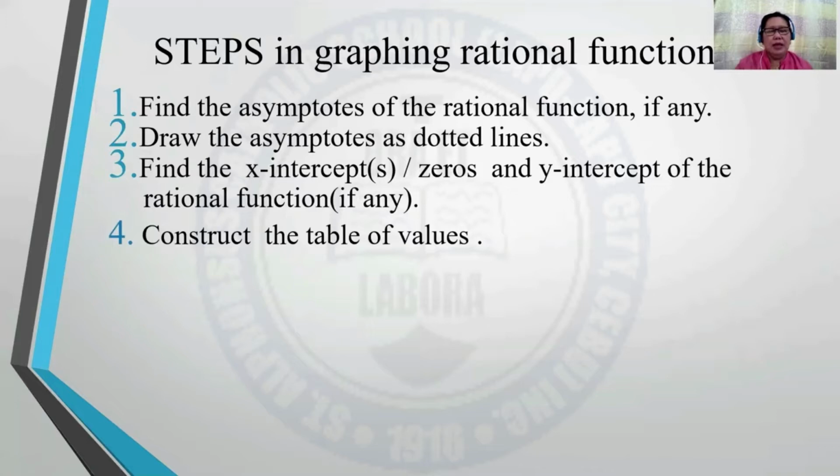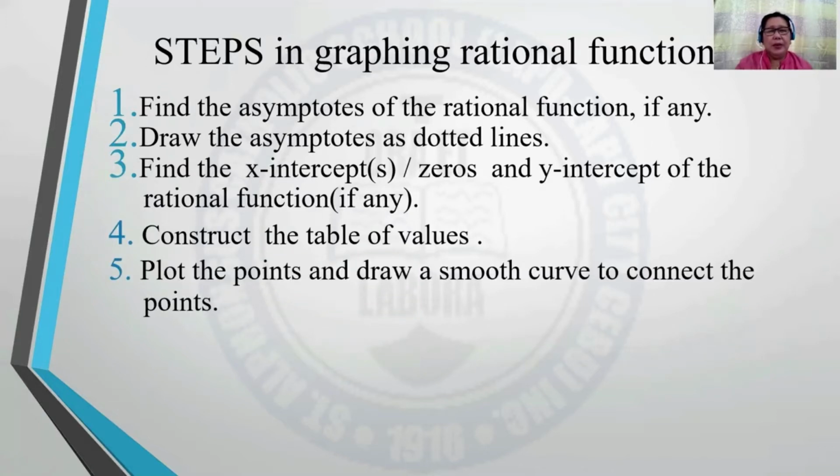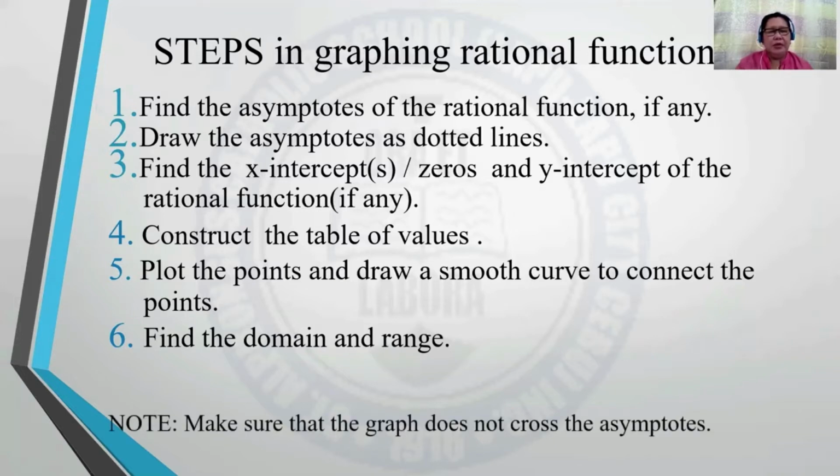Then construct the table of values. Plot the points and draw a smooth curve to connect the points. And find the domain and the range. And take note, you have to make sure that the graph does not cross the asymptotes.